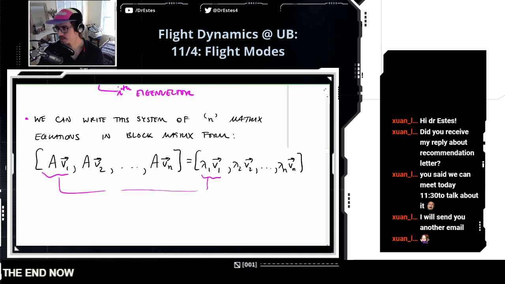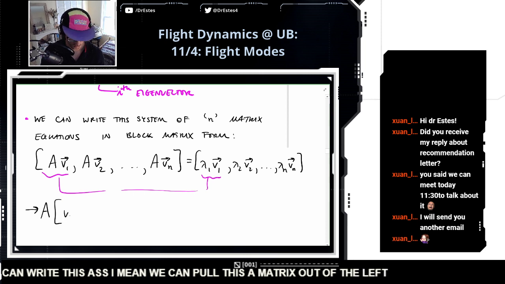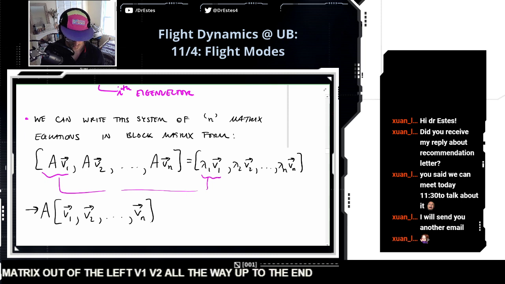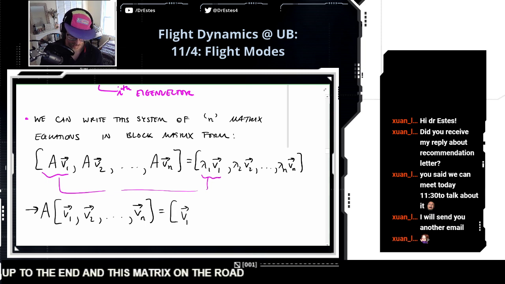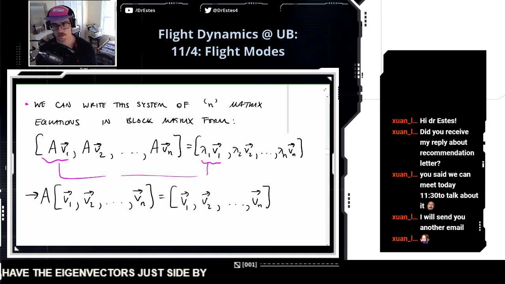Now we can pull this A matrix out of the left, and write v1, v2, all the way up to vn. And on the right, you can pull out these eigenvalues. So I have the eigenvectors side by side in columns.